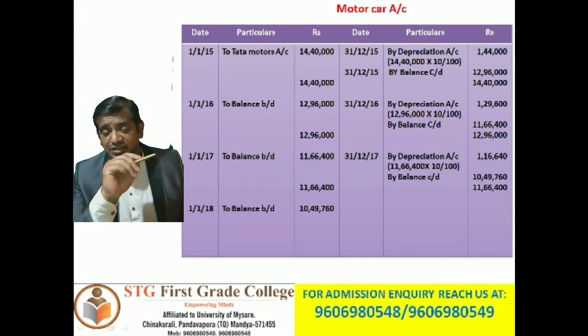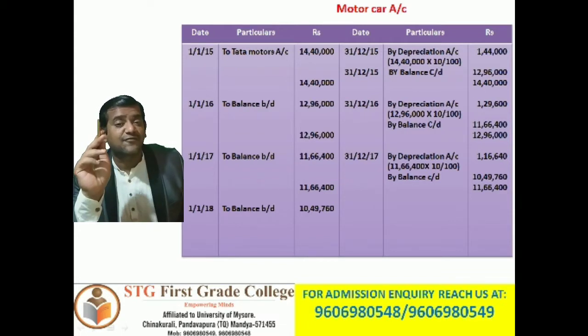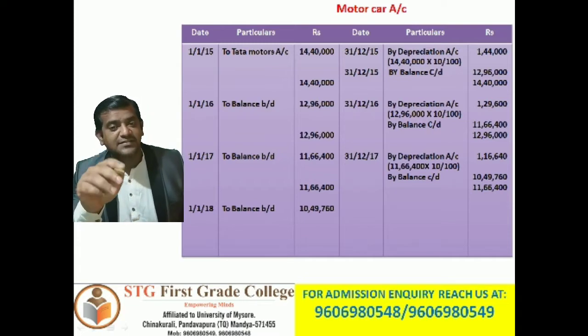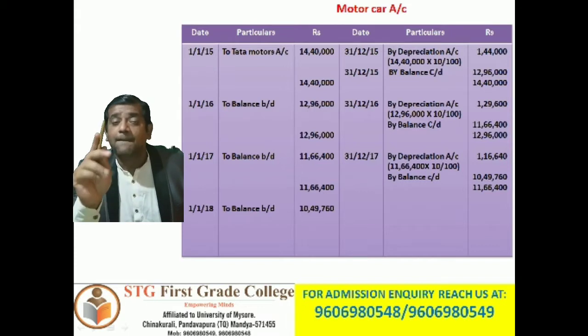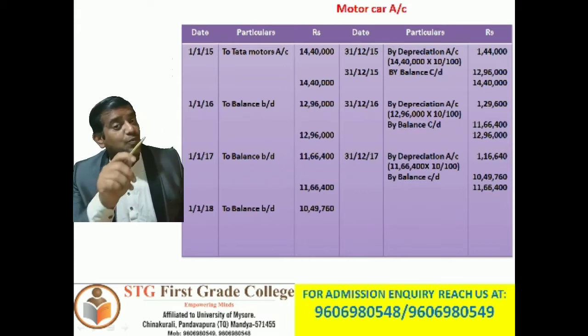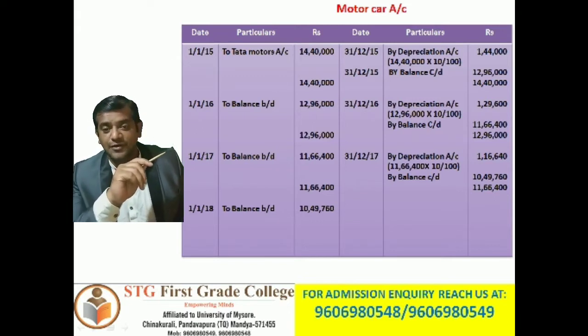That is depreciation. Now deduct 1,44,000 from 14,40,000. The balance you get is 12,96,000. So on 31st/12/2015, by balance carried down 12,96,000. Both sides total 14,40,000, 14,40,000.